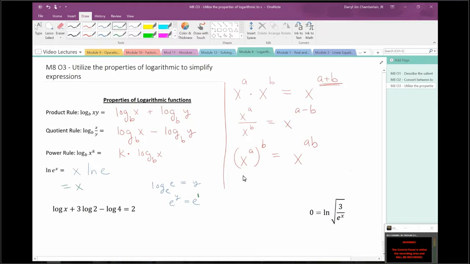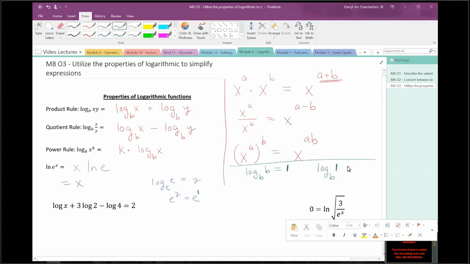And even more so, we have this nice property that log base b of that same number is 1. Because again, b to the first is b. So then along this, one other property we have, something that we hinted at in the first video, b to some power is 1, always.